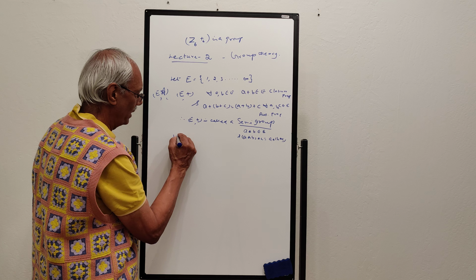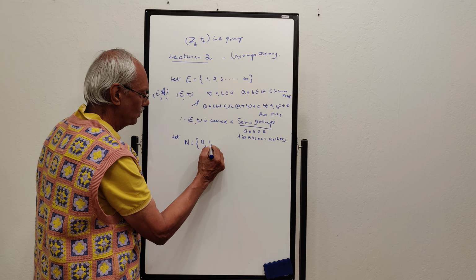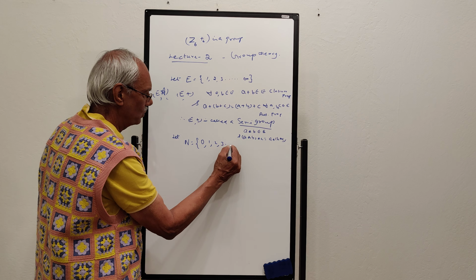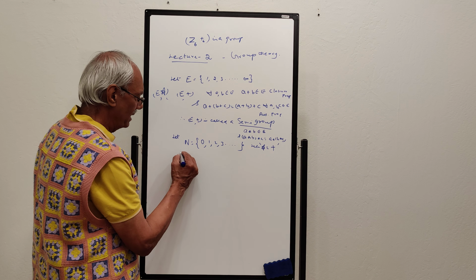Now I take N equal to 0, 1, 2, and so on, all positive numbers and 0, the set of all natural numbers. Let the star operation be equal to plus.